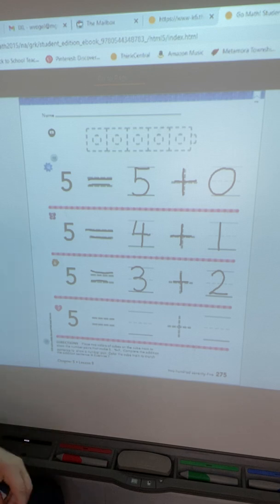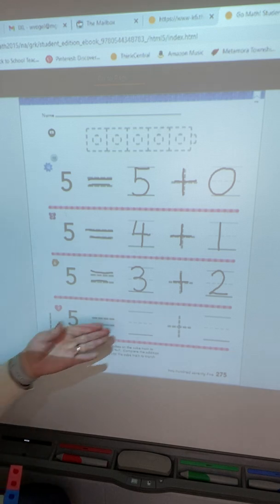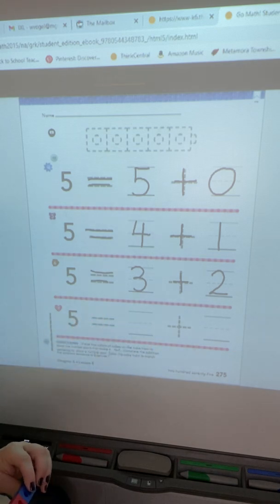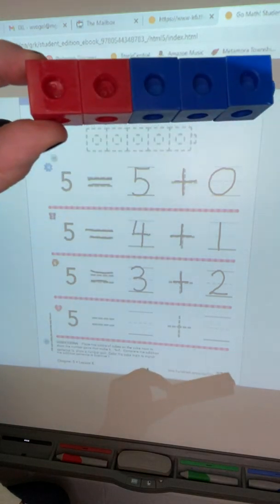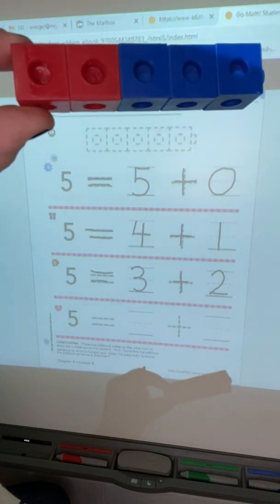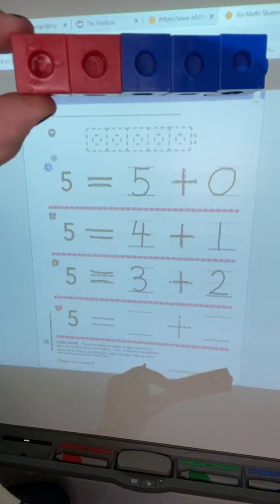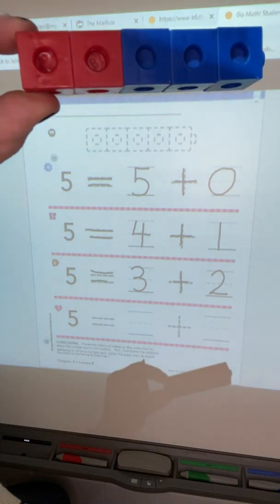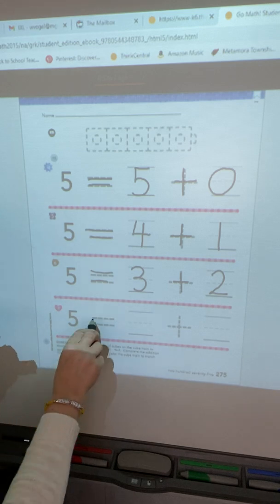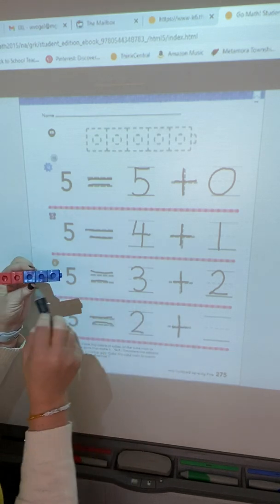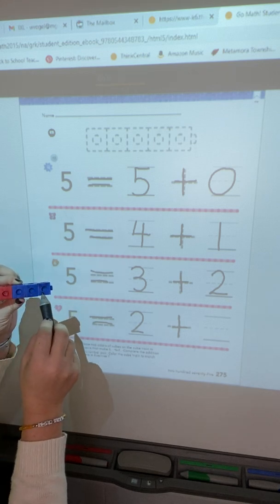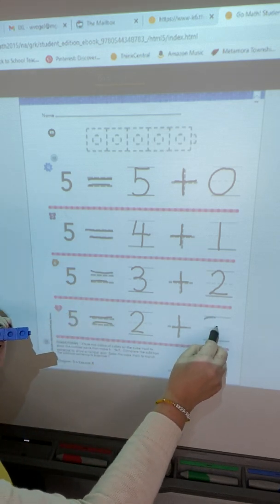Excellent. Well, we have one more to go. 5 is equal to something plus something. Let's find out what the last set is. How many reds plus how many blues? Did you say that 5 is equal to 2 plus how many blues? 2 reds plus 3 blues.